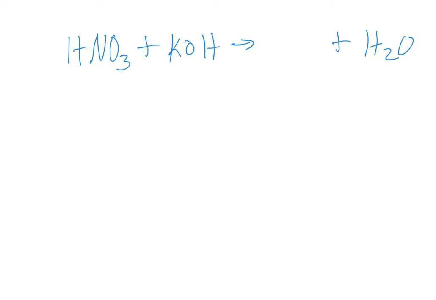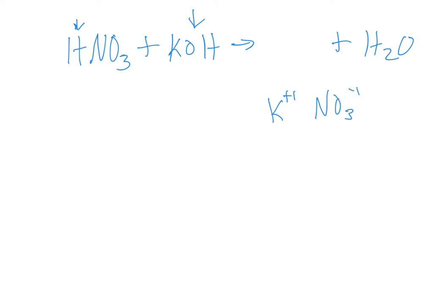And so that comes from your OH and your H. So what's left over? You have the potassium, and it's a +1 charge, right? And you have your nitrate, which is NO3, and it is a -1 charge.